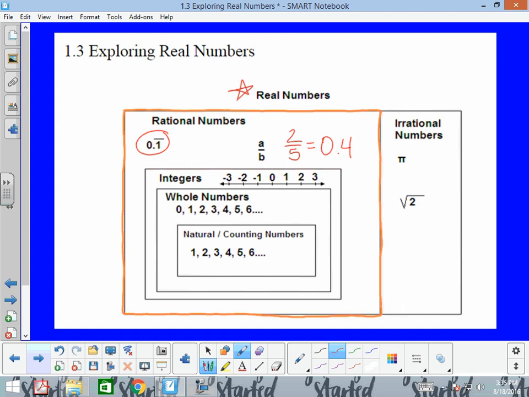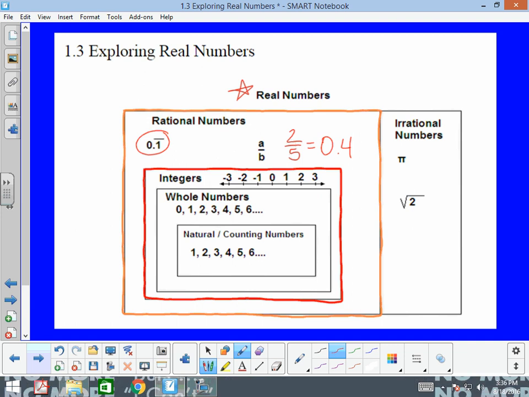Okay. Now, once we drop off the decimals and the fractions, we're now looking at integers. Integers are the number line that includes 0, all the positive whole numbers going to the right, all the negative whole numbers going to the left, and no numbers in between. So that's your integers. Then notice that integers also, that box is including the whole numbers and the natural numbers. Okay?